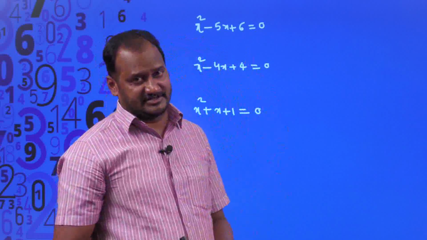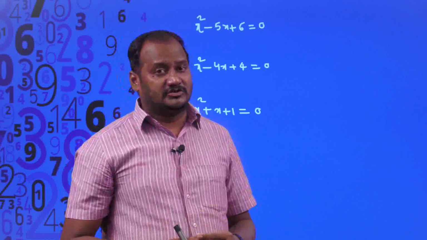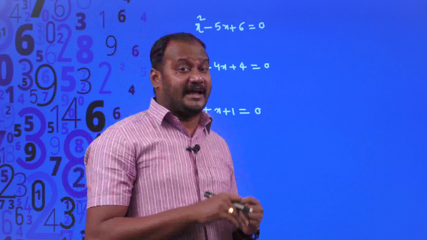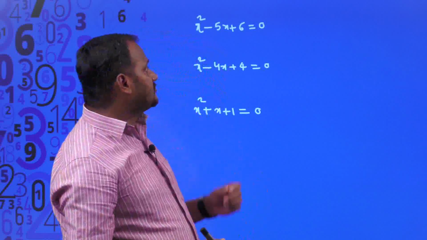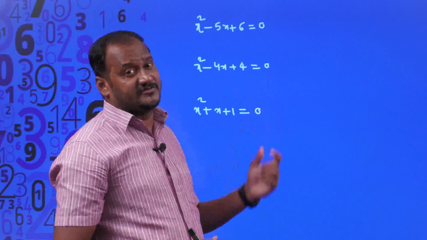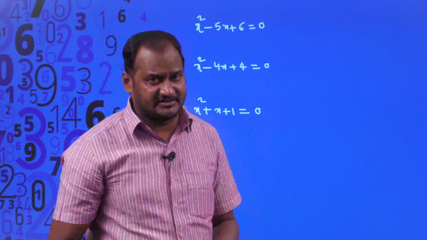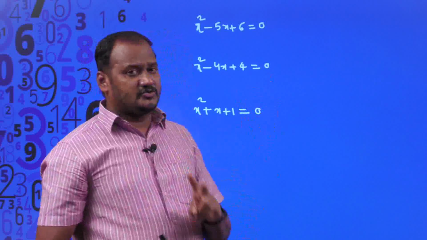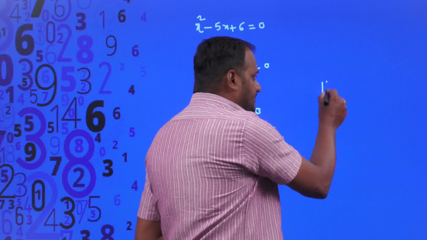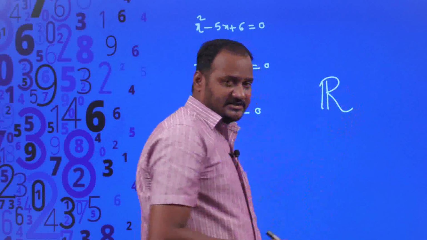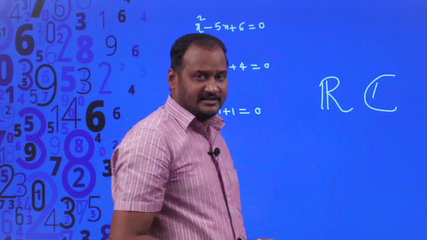But beforehand, without actually performing calculations or finding the roots, I just want to know about the nature of the roots of quadratic equations. What do you mean by nature of the roots of a quadratic equation? See, here we have two kinds of numbers: the first kind are real numbers and the second kind are complex numbers, right?